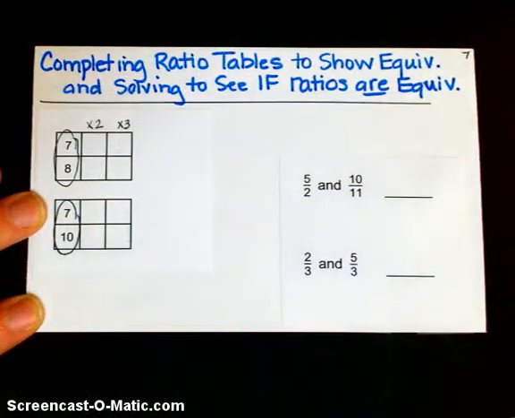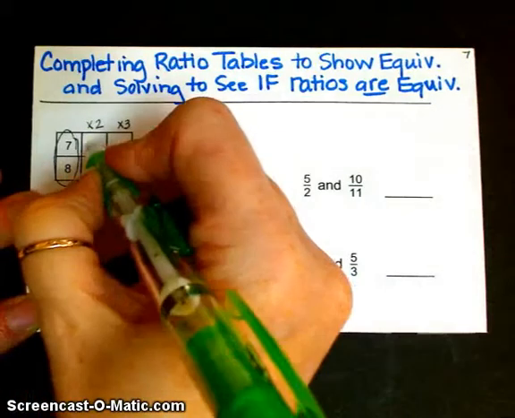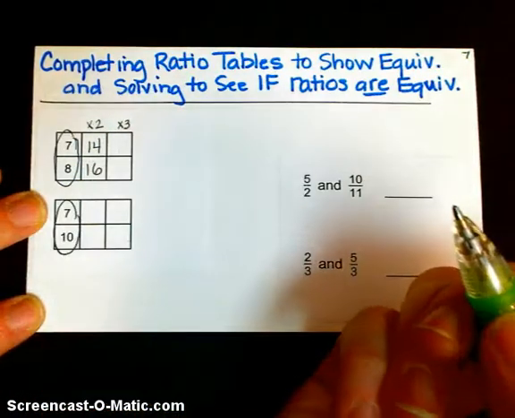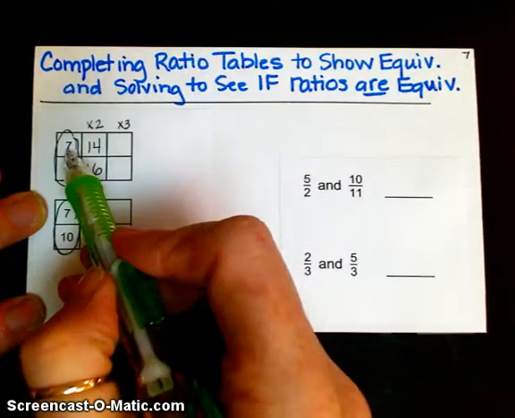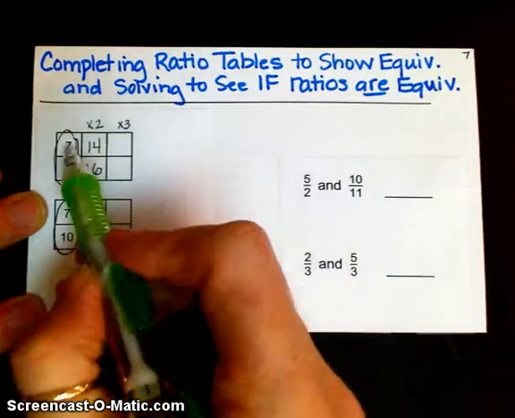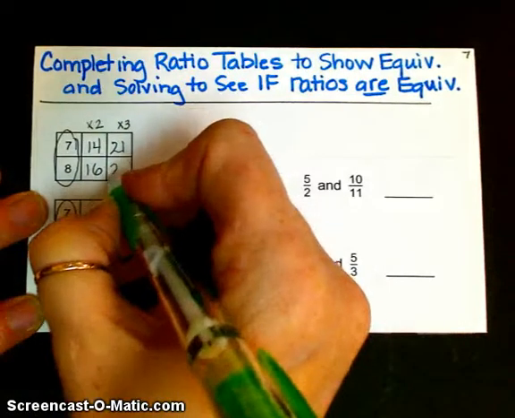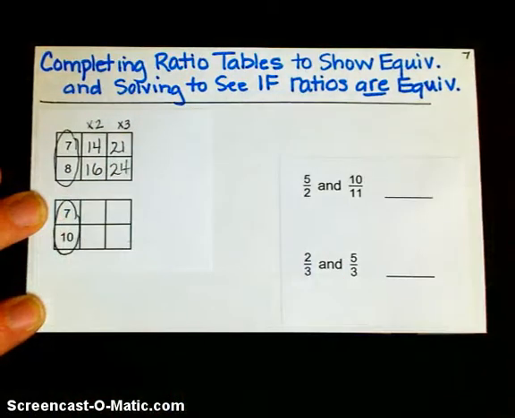So if we wanted to find equivalent ratios to 7 over 8, 7 times 2 would be 14, 8 times 2 would be 16. Now we have to go back to the 7 to triple it. 7 times 3 is 21, and 8 times 3 is 24.